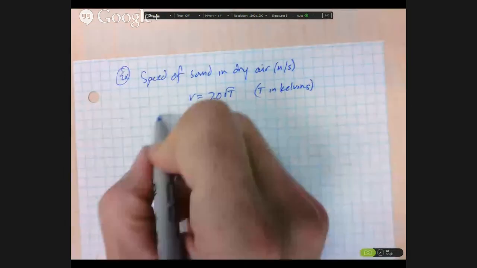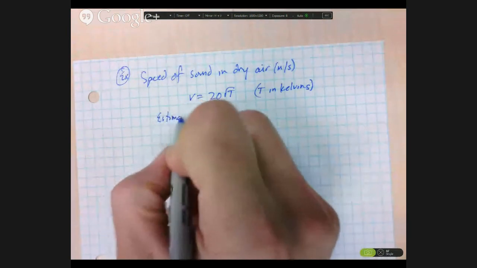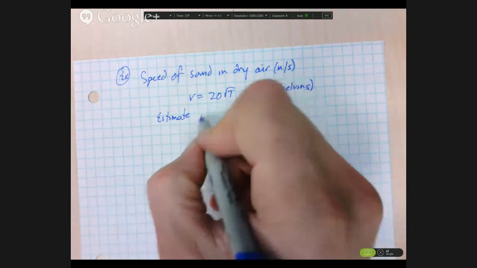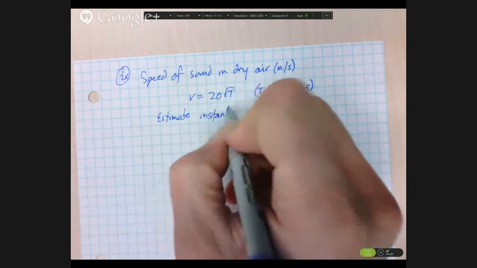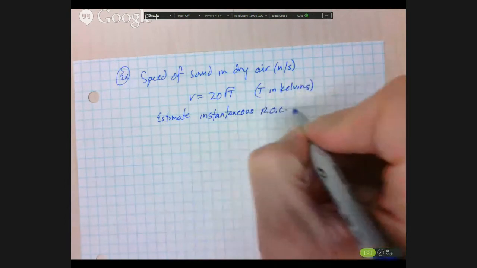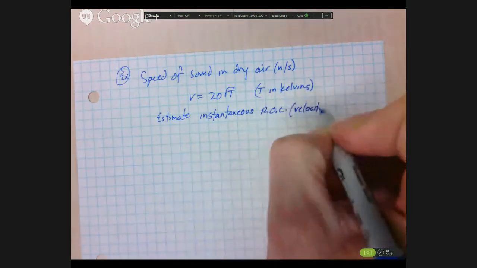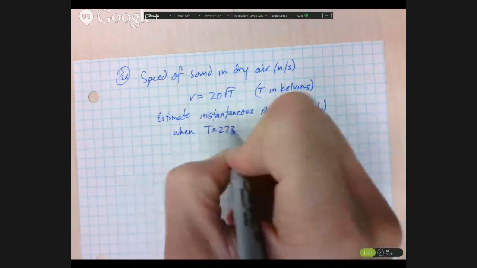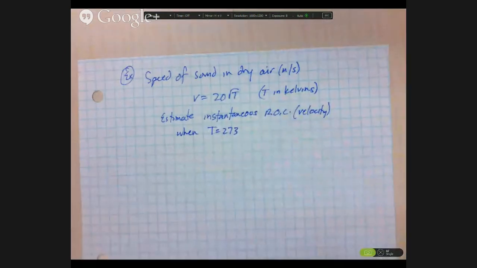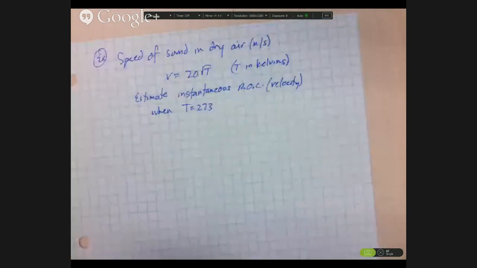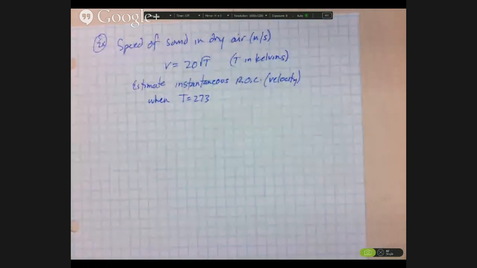So we're going to estimate the instantaneous rate of change, or velocity, when T equals 273. I'm actually going to show you this one on the calculator. I'll have to get one first.